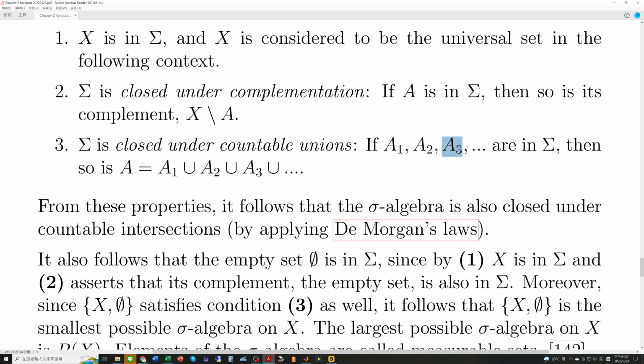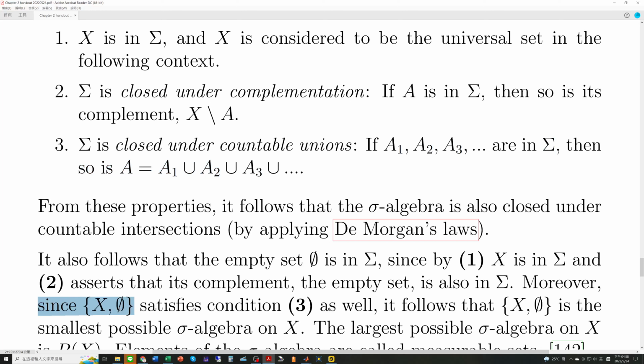We do not need to consider An for n greater than or equal to 3, because now we only have 2 sets. So X and phi are in sigma, then so is A, which is equal to A1 union A2, which is equal to X union the empty set, which is equal to X. So of course X is also in sigma.